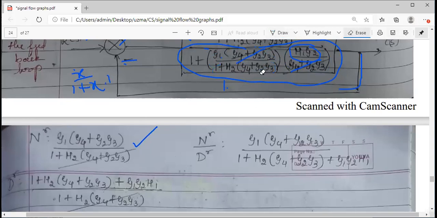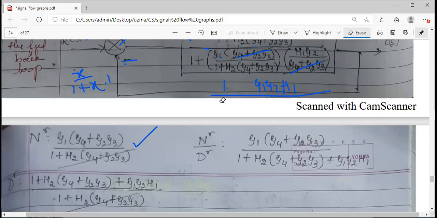So if you take that, what is your denominator term? Simplify this. You will get 1 plus, numerator you have G1 G2 H1. The two brackets will cancel here. The whole is divided by it.